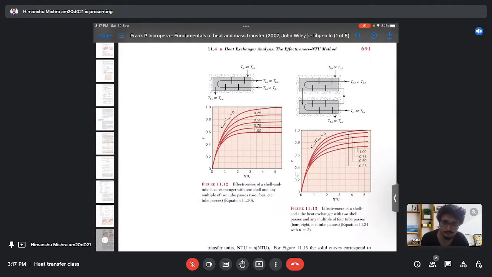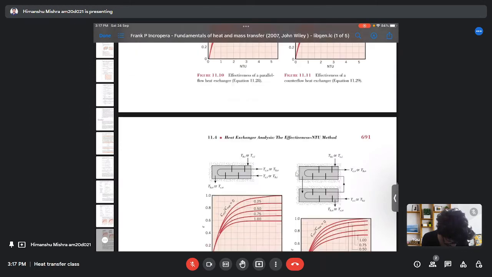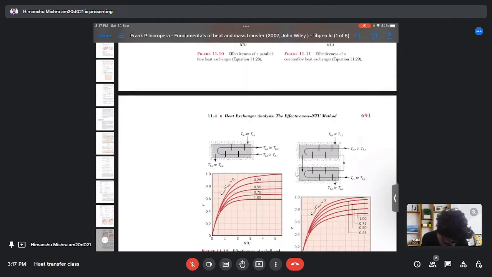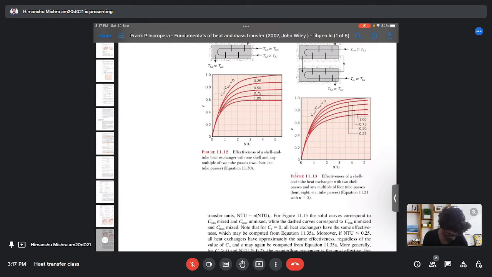So figure 11.12 is my effectiveness and NTU plot for the required problem.